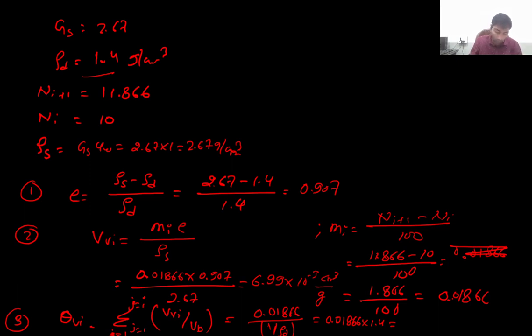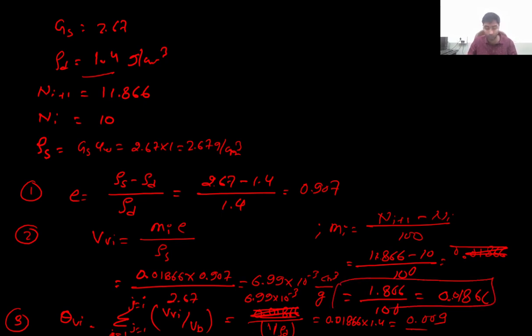It will give you a value of 0.009. Okay, so this value I've written wrong. This is going to be 6.99 into 10 to the power minus 3. This one is the value of MI, not the VBI. So we have obtained the value of volumetric water content as 0.009 for the first segment.